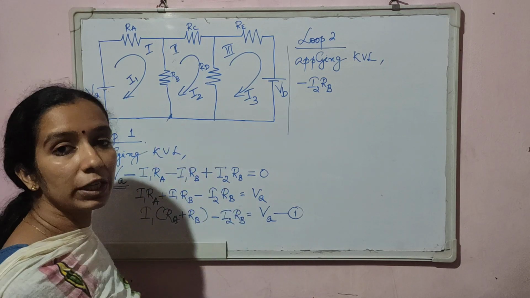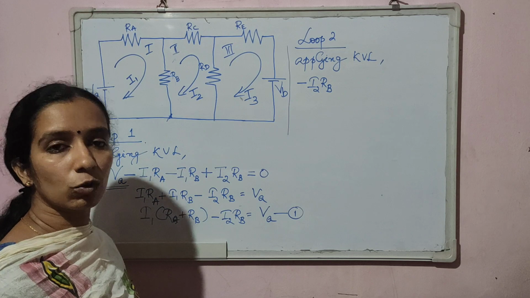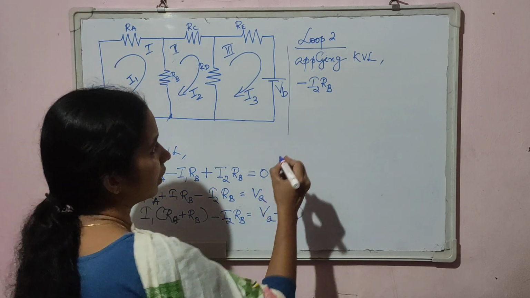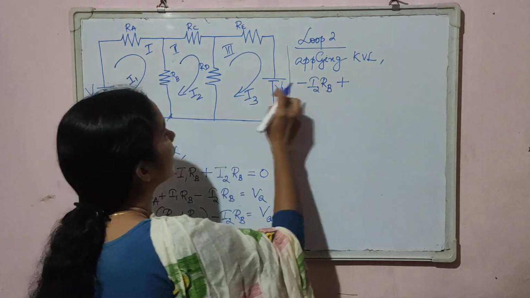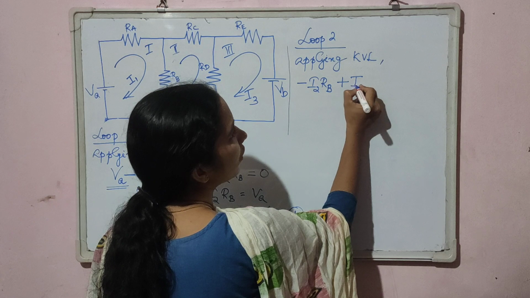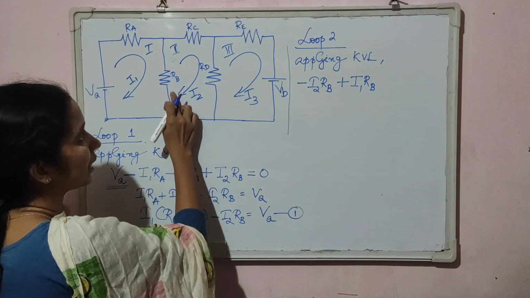So I1 is flowing in the opposite direction of tracing, and voltage drop across RB due to I1 should be treated as positive. So plus voltage drop across RB due to I1 is I1 into RB.